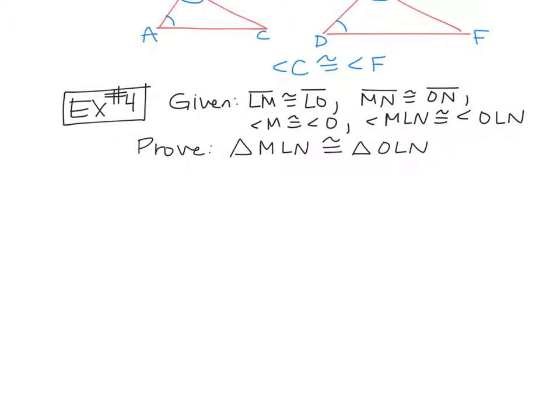And then you get a picture. Here's your picture. And you're going to finally get to see where some of these properties that we've learned about come into play. All right, so this is M, L, O, and N. And if I could just give you one very strong piece of advice.